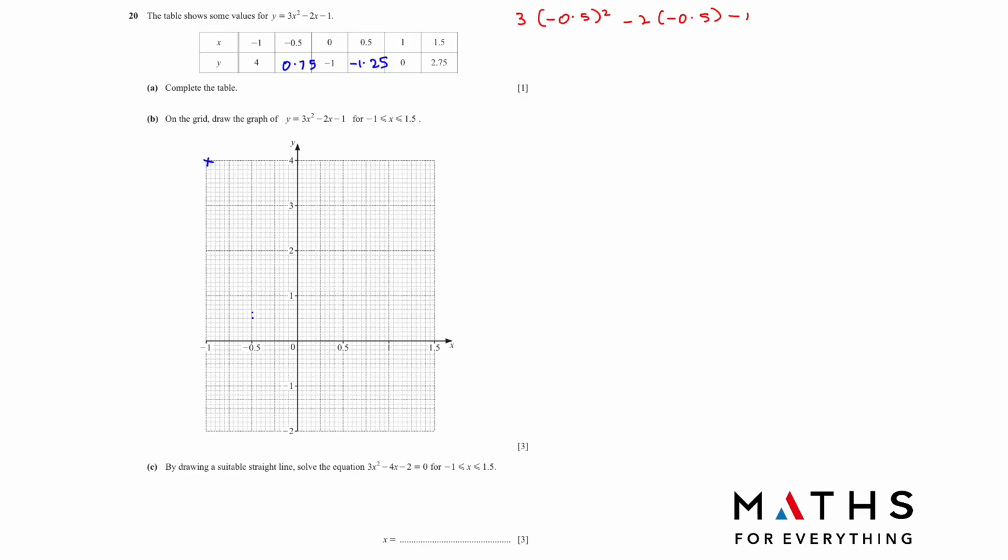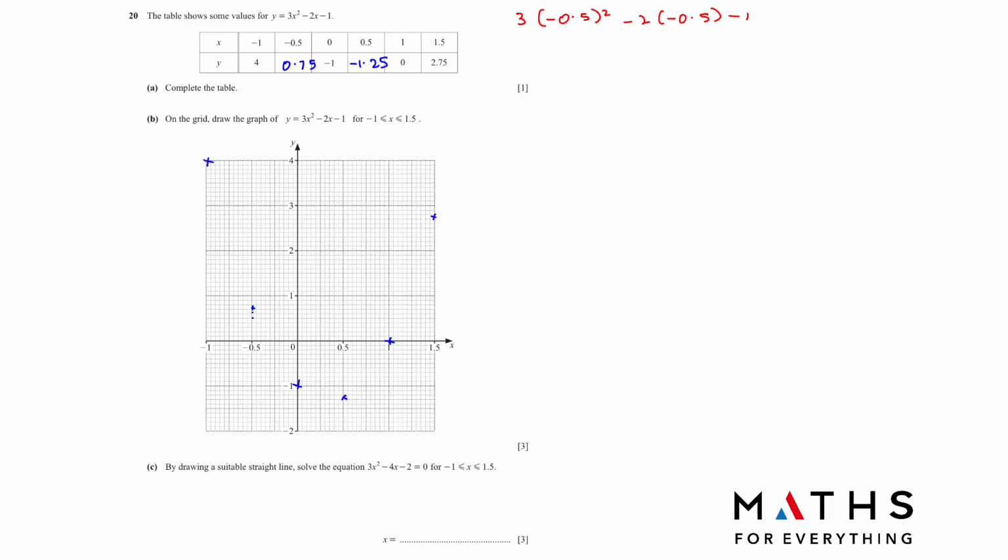It will be somewhere here in the middle. 0 is negative 1. 0.5 is negative 1.25. So 1 and 2.5. Take 2 and in the third, in the middle of 2 and 3, the lines. 1 is 0 and 1.5 is 2.75. It will be here somewhere.